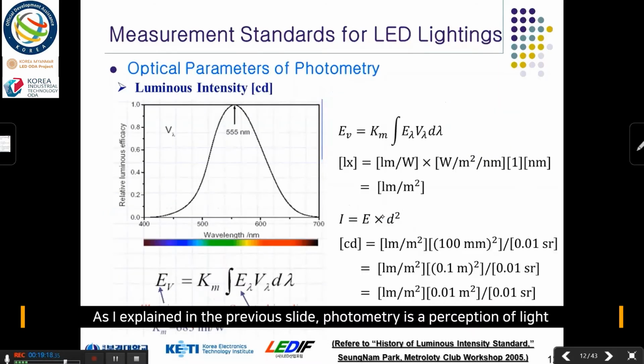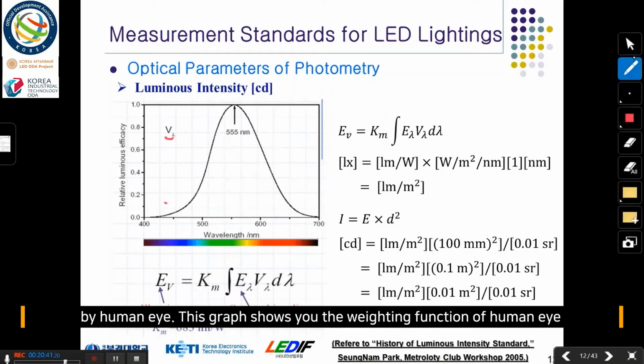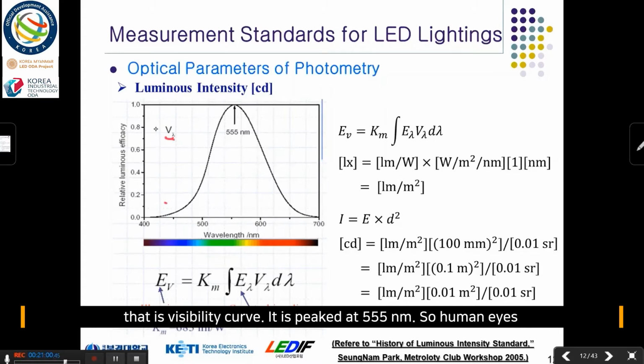As I explained in the previous slides, photometry is the perception of light by human eyes. So this graph shows you the weighting function of the human eye, that is the visibility curve. It is peaked at 555 nanometer. So human eyes are very sensitive to wavelengths of 555 nanometer. To calculate luminous intensity, we use this kind of formula.